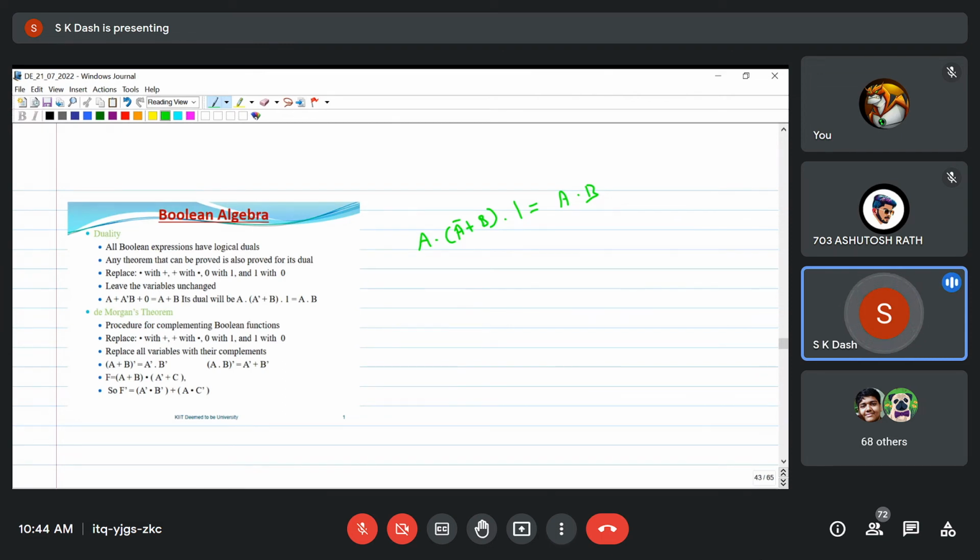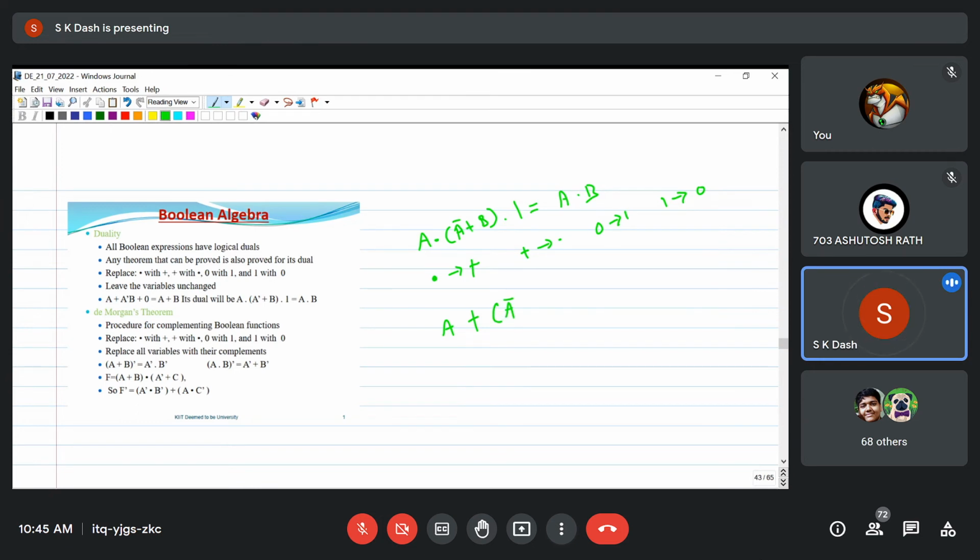What will be the dual? Dual we can get by changing dot to plus, plus to dot, 0 to 1 and 1 to 0. So what will happen? This is A dot, so it will be changed to A plus.